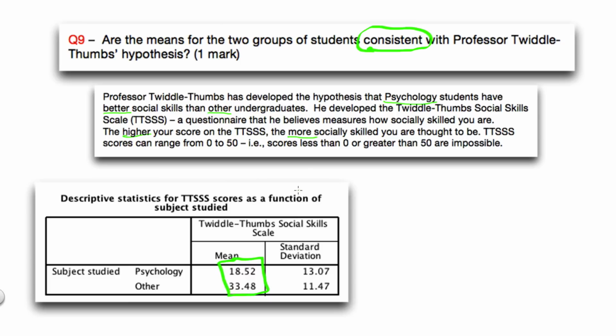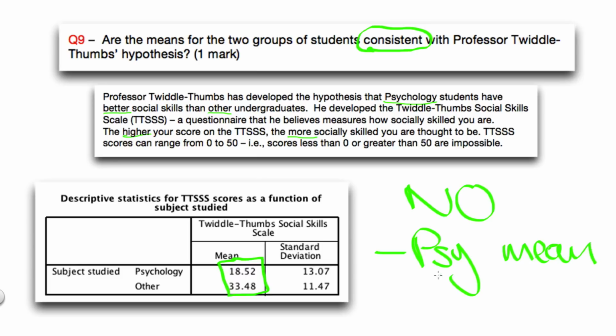Students studying other disciplines, almost 33.5. Well, it's clearly the case that these means are not consistent with Professor Twiddlethumb's hypothesis. The answer to the question is no. In fact, they're the other way round. The psychology mean, rather than being higher than the mean for the other group of students, is in fact lower.